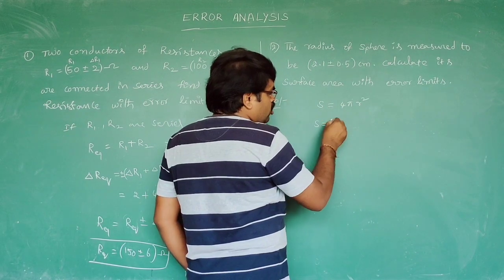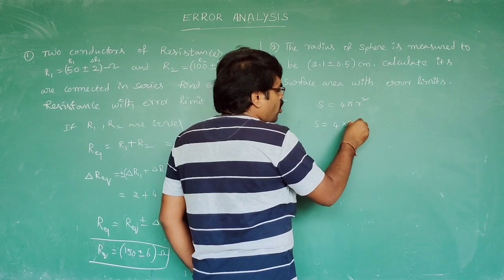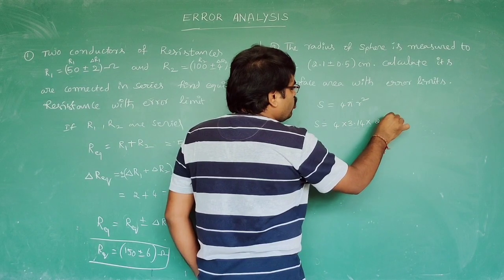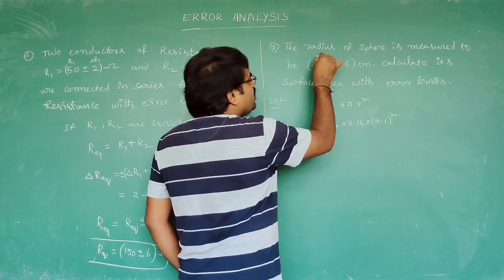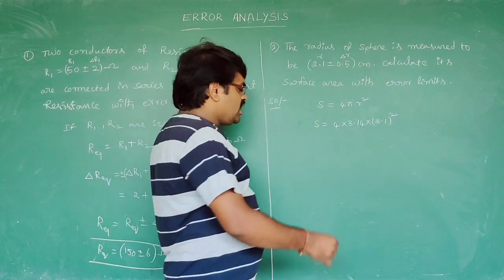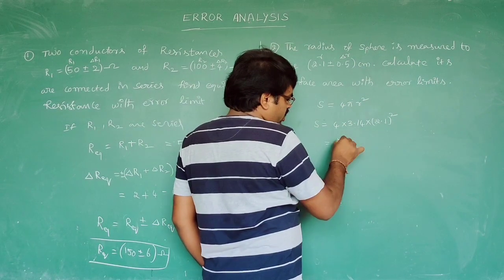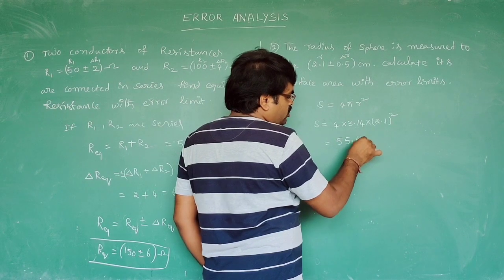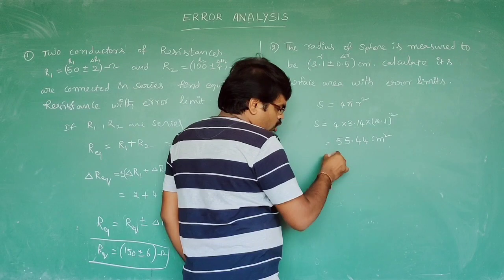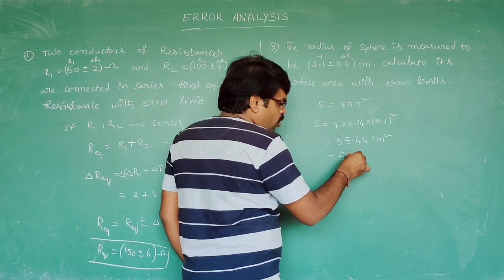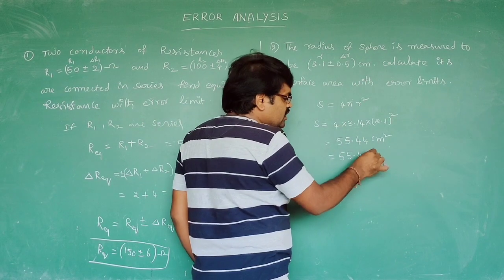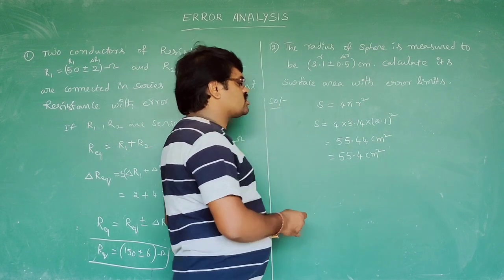That is S = 4 × 3.14 × (2.1)². Here this is r, and this is the error of the radius. Calculating this, we get 55.44 cm². Rounding off, 55.4, because it is less than 5, so we leave it, in cm².